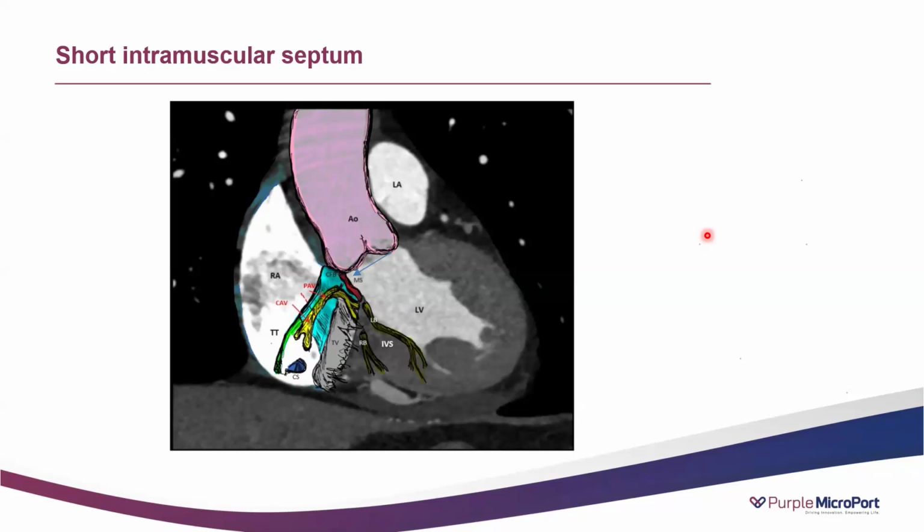Because tomorrow if something goes wrong, we can say, sir, it was short, I already informed you there is a chance. So be very, very honest while doing your case. I read 2-3 reports where it was not mentioned. But I usually mention it, because in the latest version of 3mensio, there is a mechanism to measure the intramuscular septum. Okay, got it.